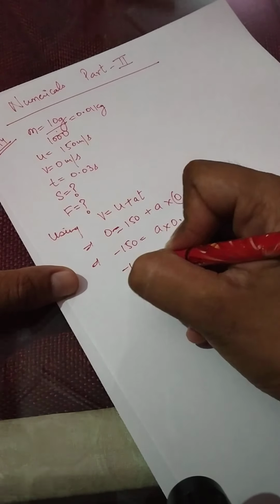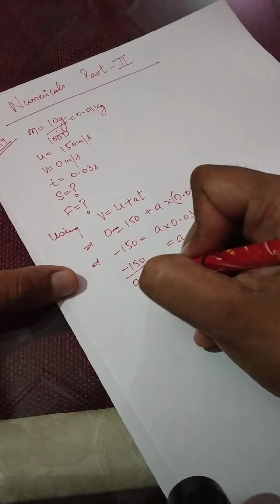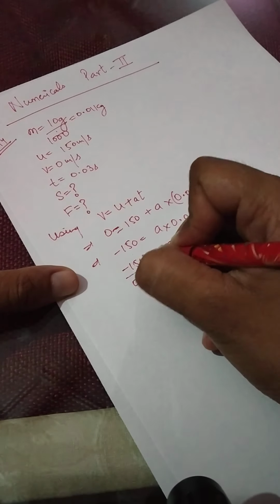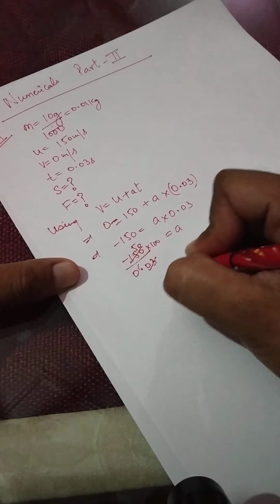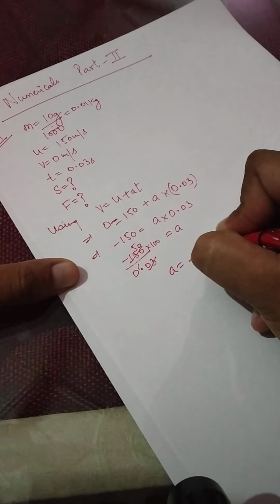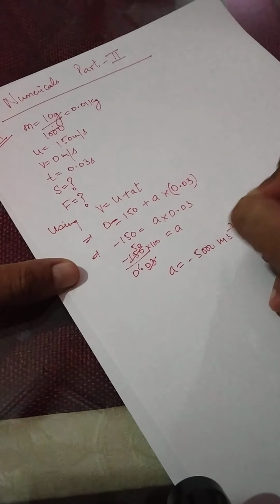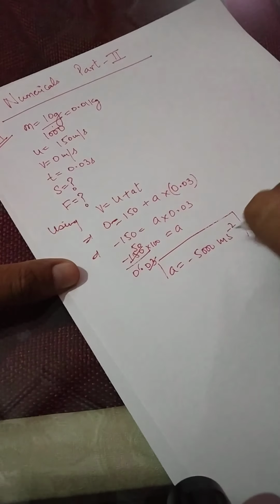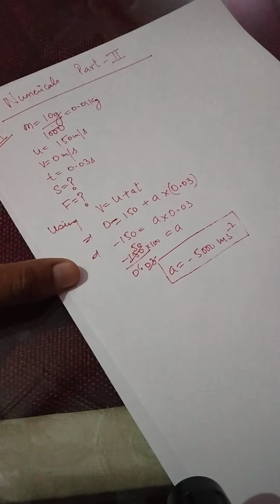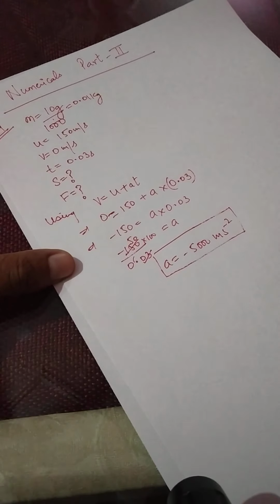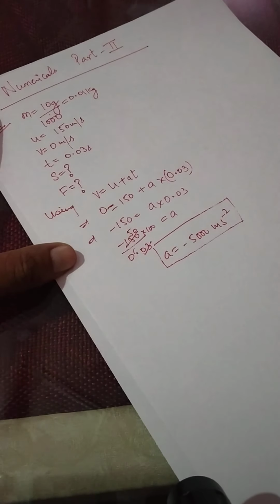A will be minus 150 upon 0.03. That is, the acceleration will be minus 5000 meters per second square. This is the acceleration. Acceleration will be negative because the bullet finally comes to rest. So the velocity of the bullet decreases, so the acceleration will be negative.